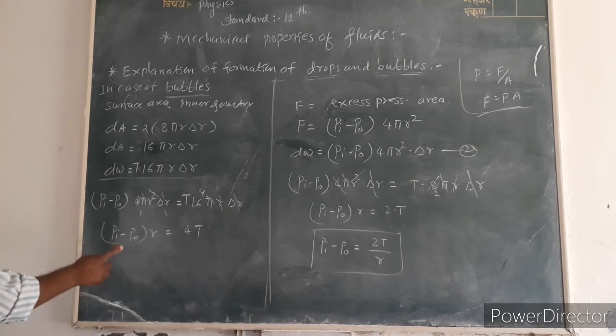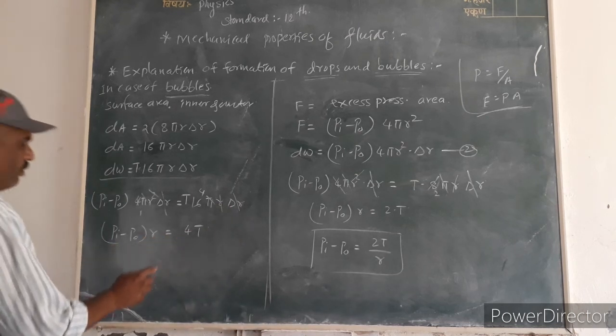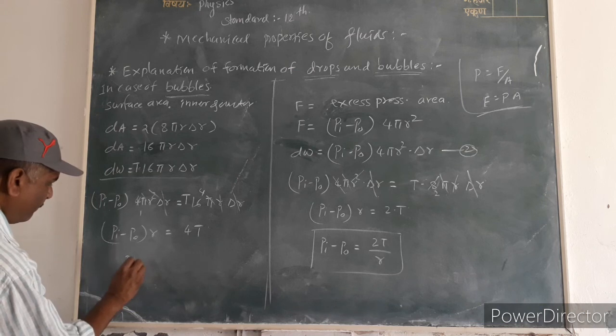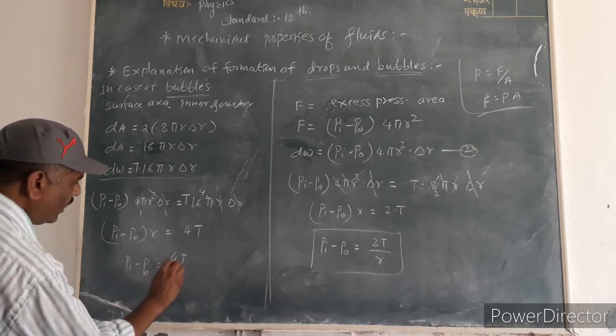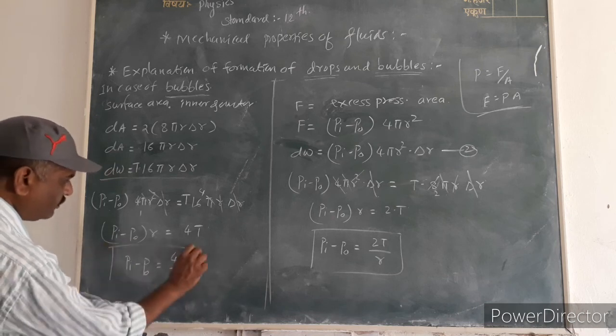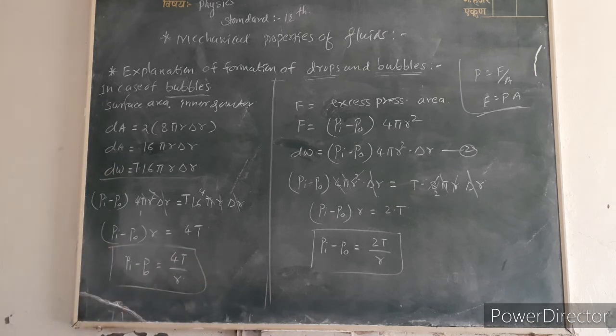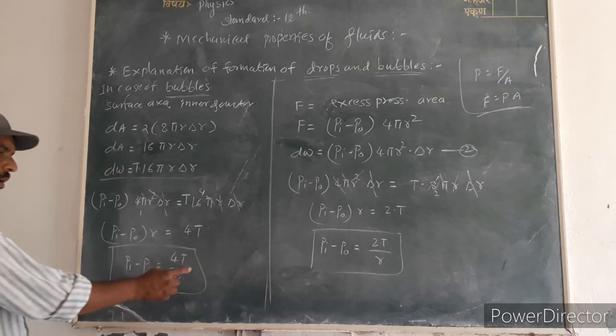Therefore, Pi minus P0 into R is equal to 4 into T. Therefore, Pi minus P0 is equal to 4T upon R. This is the excess pressure inside the bubble.